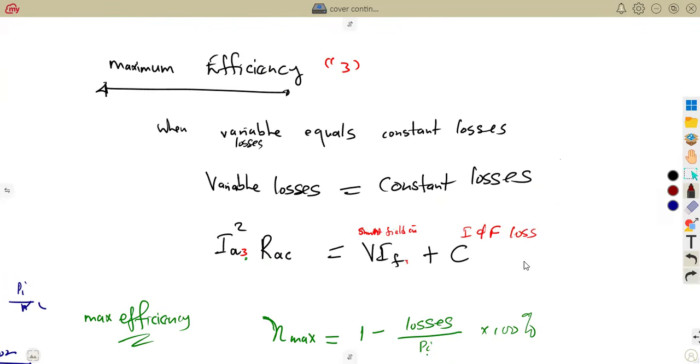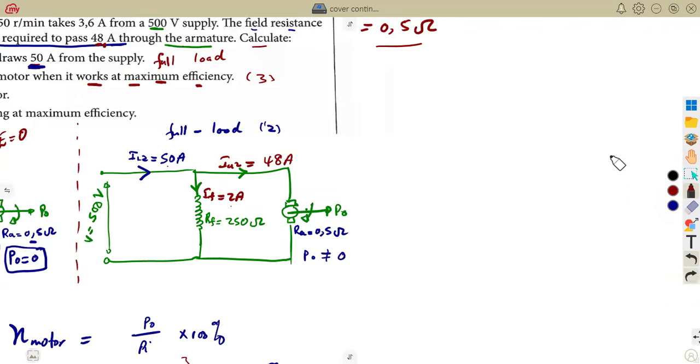So using this formula, we can determine the current, guys, at maximum efficiency because that is the one that we need. So let us bring that formula into consideration. All right, so that's part B.